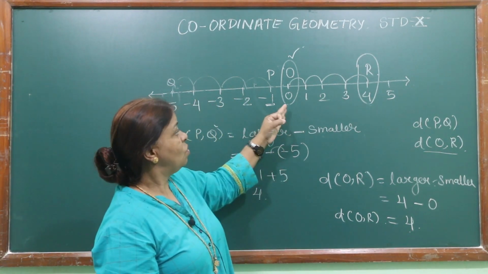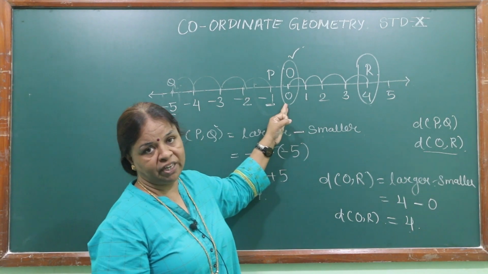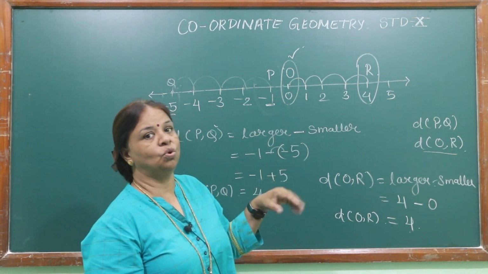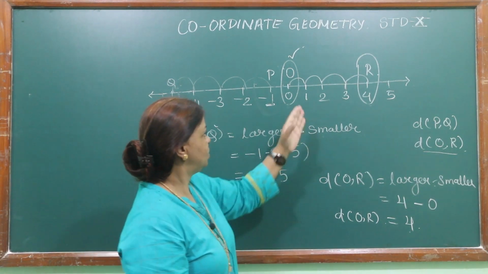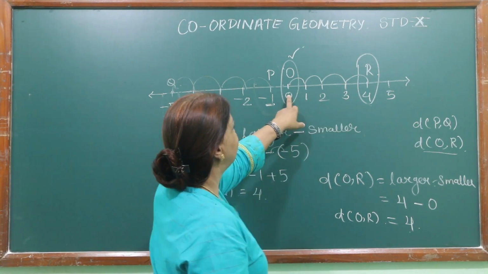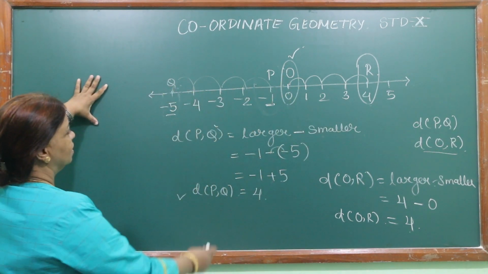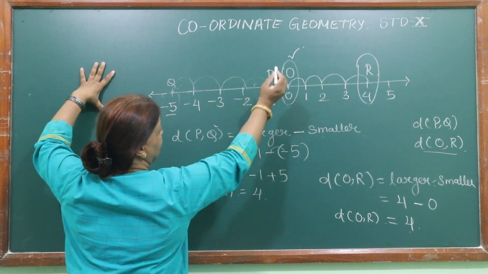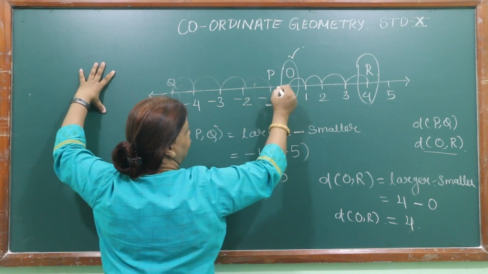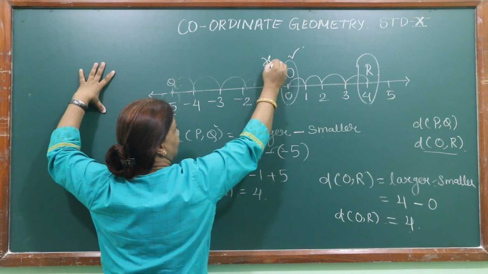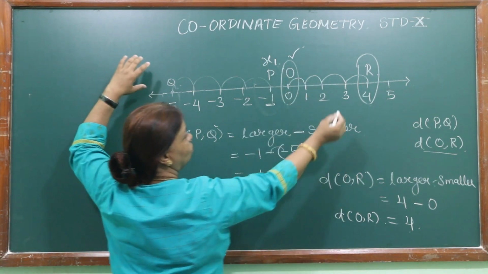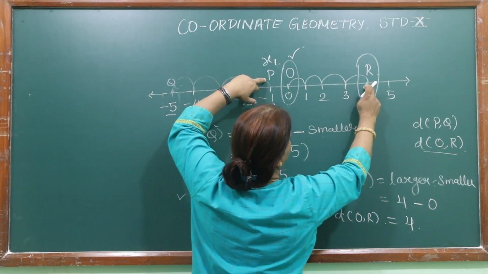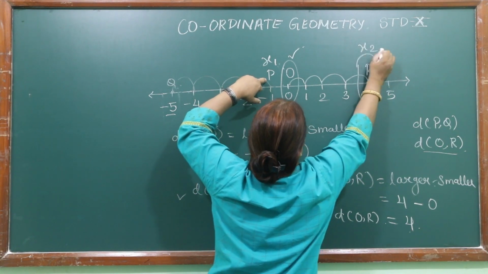If the coordinates of those points are mentioned as x1 or x2, suppose I want to find the distance, take point P, the coordinate of point P is x1, for example, and coordinate of point R is x2.